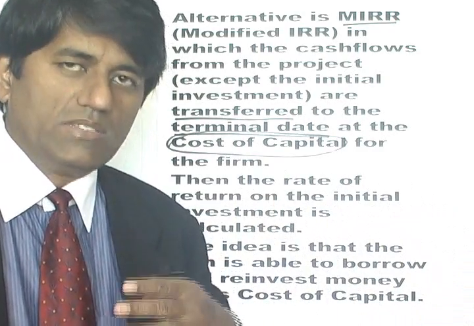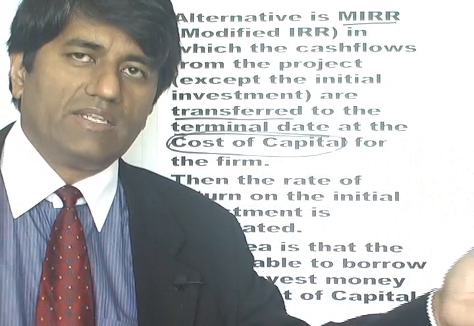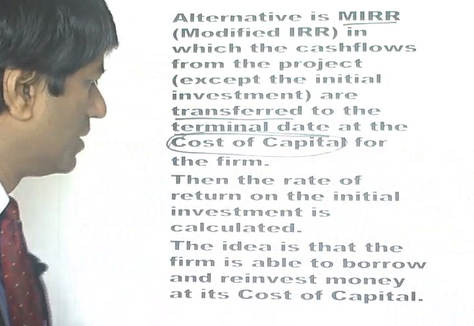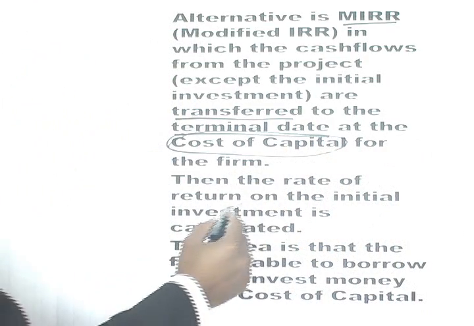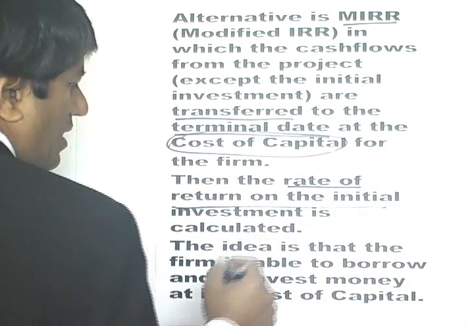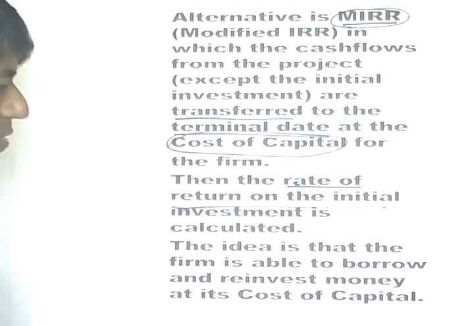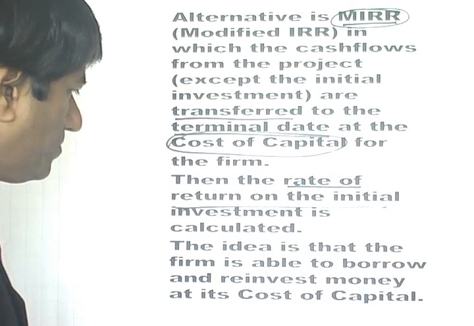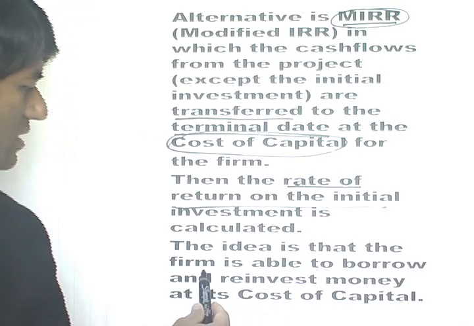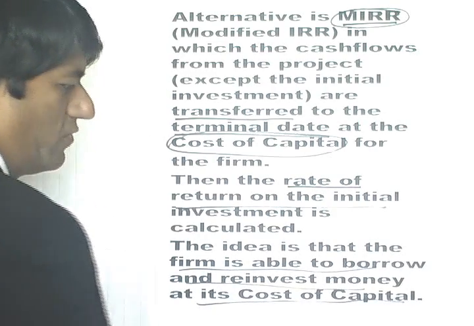So what you do is you move all cash flows at future dates to the terminal date at the cost of capital, which is feasible. And then you calculate the rate of return on the initial investment, and that is called the MIRR, or modified IRR. So the idea is that the firm is able to borrow and reinvest money at its cost of capital.